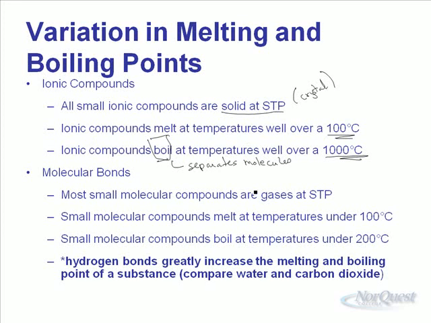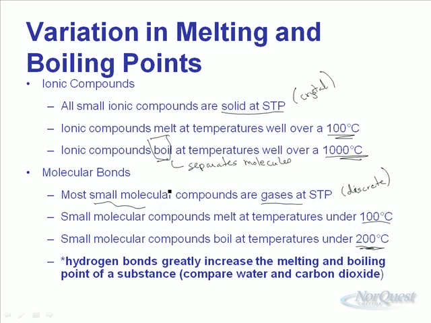Molecular compounds, the opposite is true. These are small molecules, and they're discrete. So they're usually gaseous or liquid. Small molecules tend to melt at temperatures well under 100 degrees Celsius, and in terms of boiling, most of them are boiling well under 200 degrees Celsius.